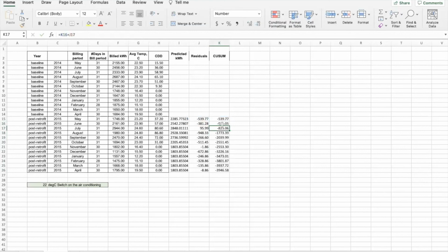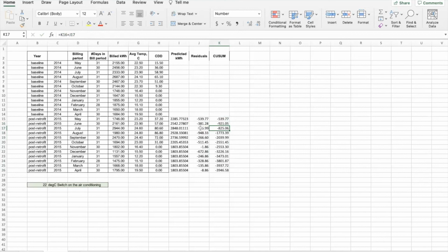Okay. So this is the accumulation of the residual value of every month. So as I mentioned, if we can obtain the negative value, that means we have the energy saving.